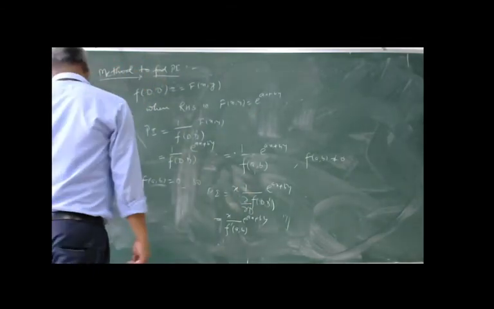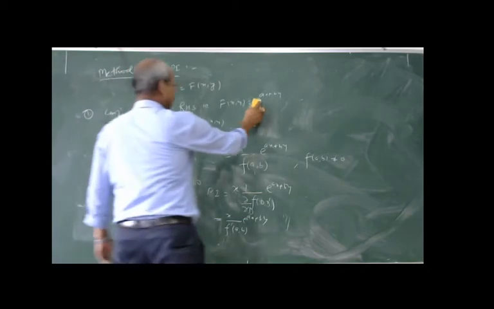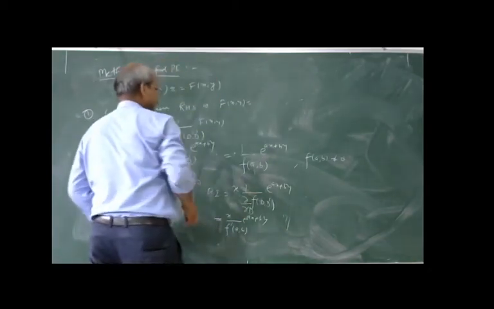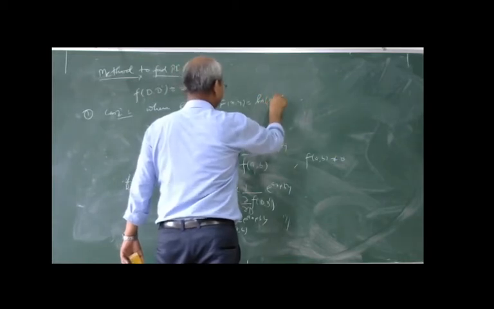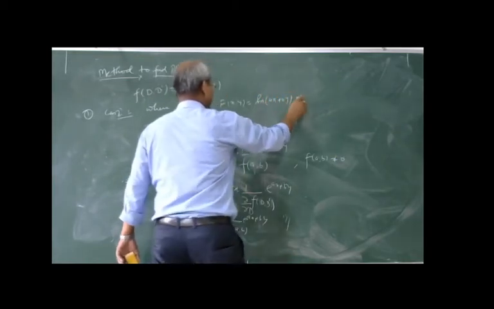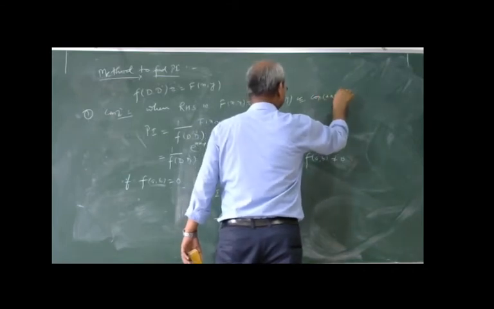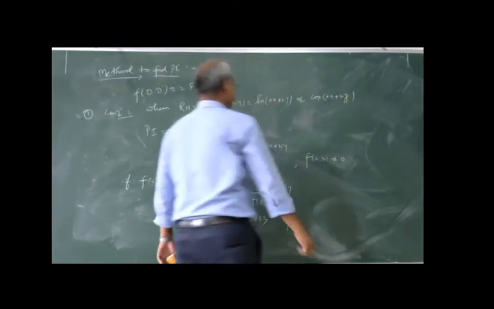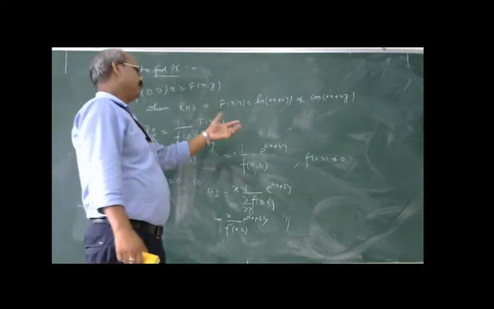Now I am going to repeat the second case. The second case was whenever the right hand side is the trigonometrical function sin ax plus by or cos ax plus by. Whenever the right hand side is of this type, what should you do?